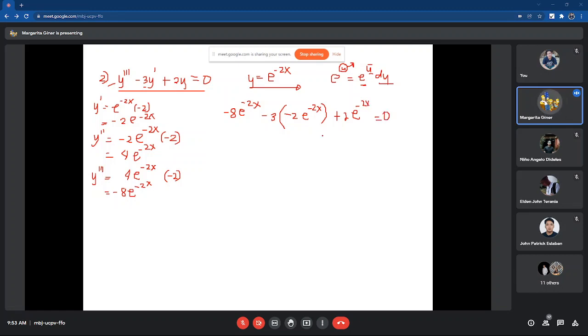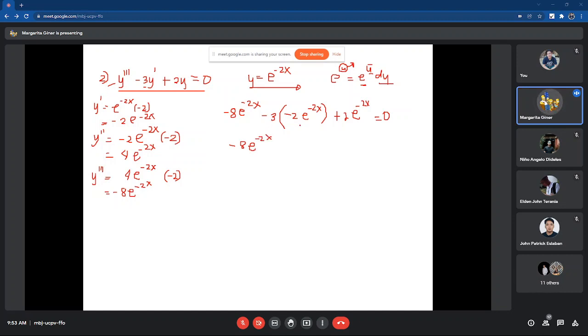Zero stays on the left side now. Okay? So, we have here negative 8e minus 2x.